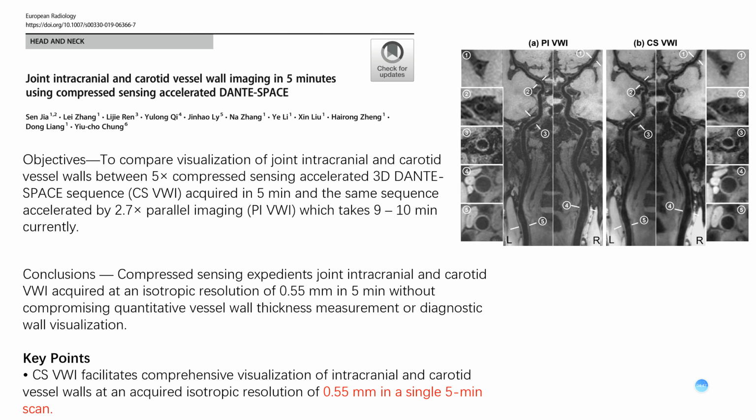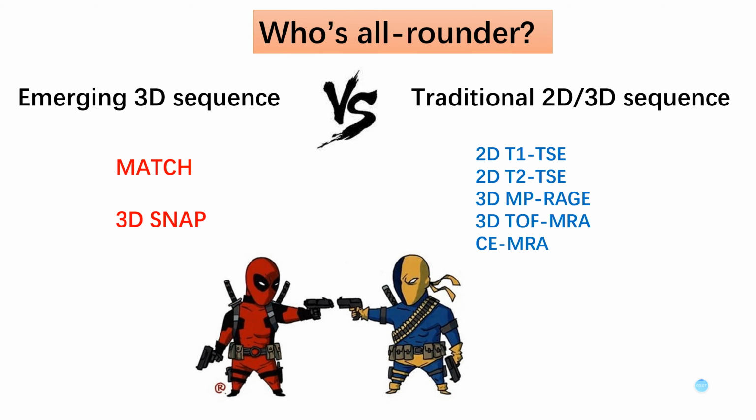Another study group found that compressed sensing vessel wall imaging facilitates comprehensive visualization of intracranial and carotid vessels with high isotropic resolution in a single 5-minute scan. Amazing. Second, who's all round?